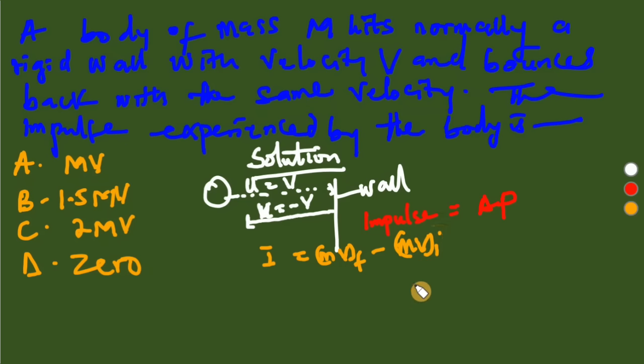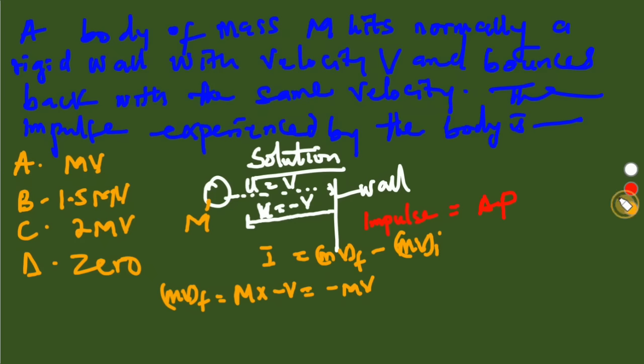To find the final momentum, this is mv final. The mass is constant, the body has mass m, so we have m times the final velocity, which is minus v, so this becomes minus mv.